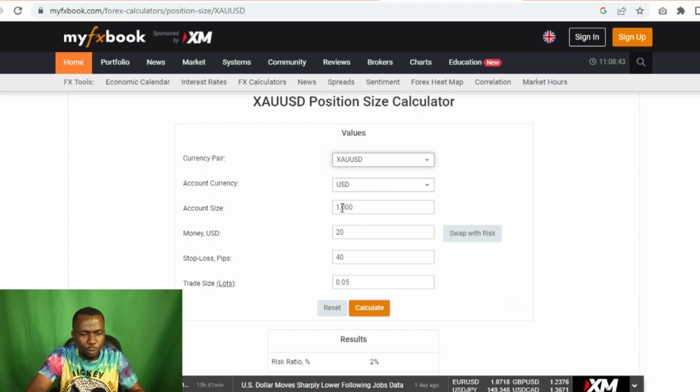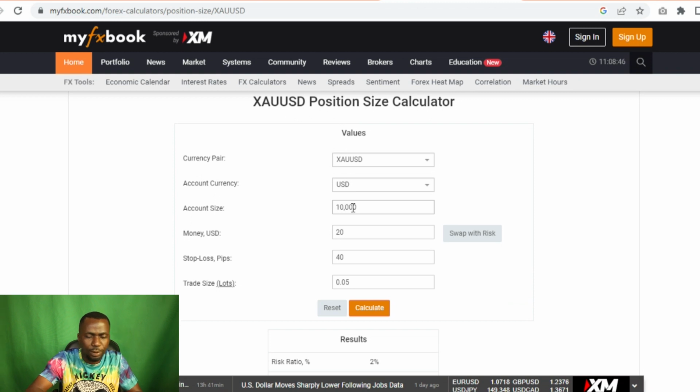Now let's assume you have $10,000 as your capital, right? You have $10,000 as your capital, and you want to risk some percent of this capital for you to make profit. So let's assume you want to risk like $100. You want to risk $100 in this your $10,000 account.